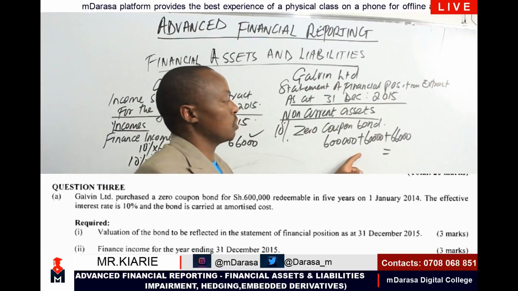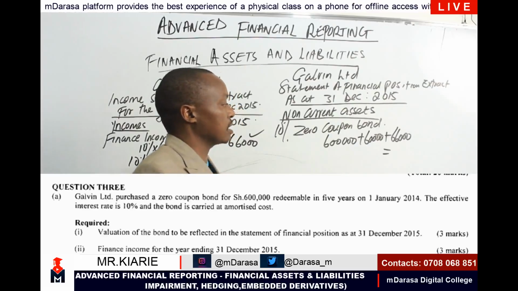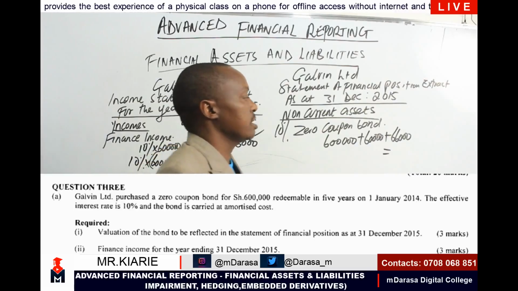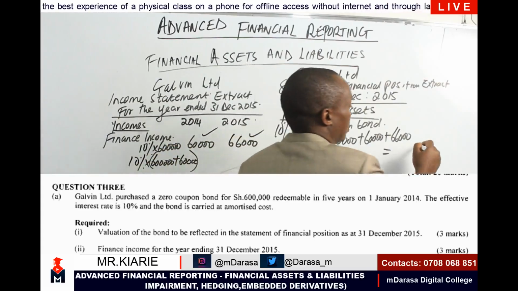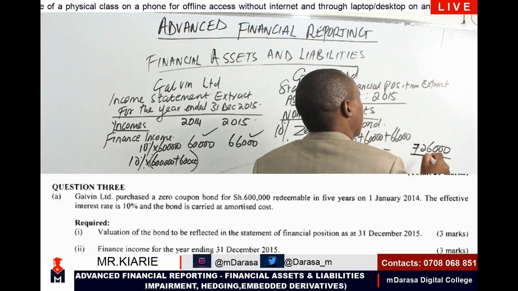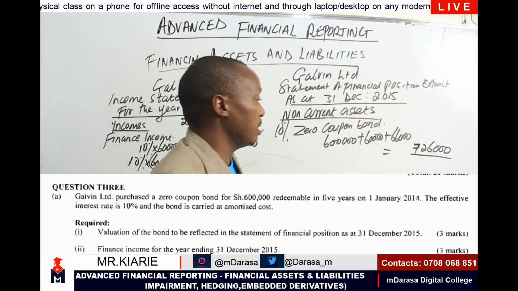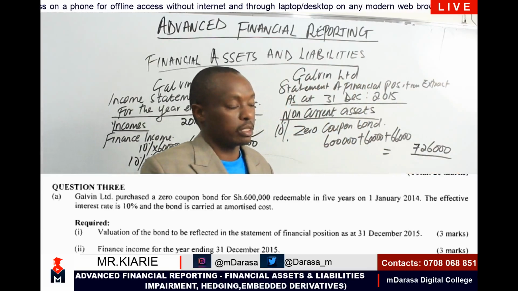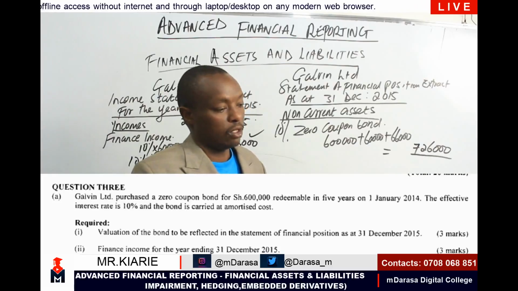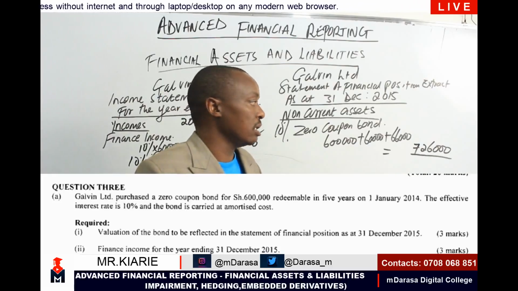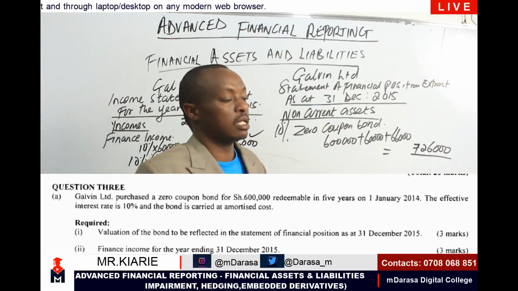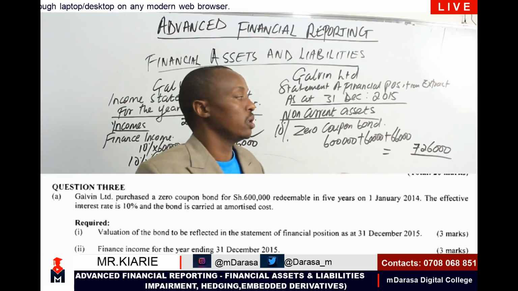And by the end of 2015, it will be 660,000 plus another 66,000, which comes to 726,000. The amount that will appear in the SFP will be 726,000. Supposing that you are even asked to give for 3 years down the line, you still follow the same procedure of accumulating interest on the financial asset.